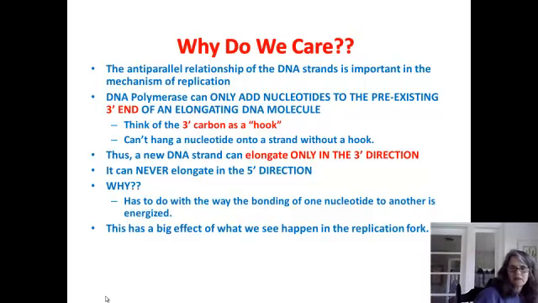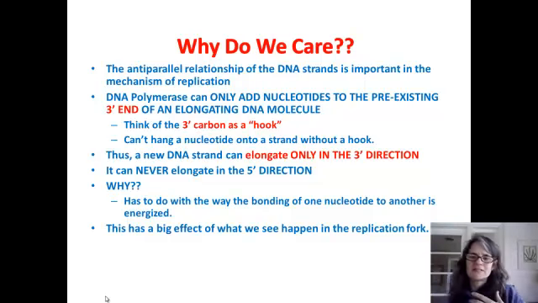Why do I make a big deal out of this? Well, because that anti-parallel relationship is going to really affect how the enzymes are able to copy this molecule. Okay? The enzymes that copy DNA can only grow that DNA by hanging new nucleotides onto the 3' end of the carbon of the sugar. So I'm going to show you how that works in the next podcast.